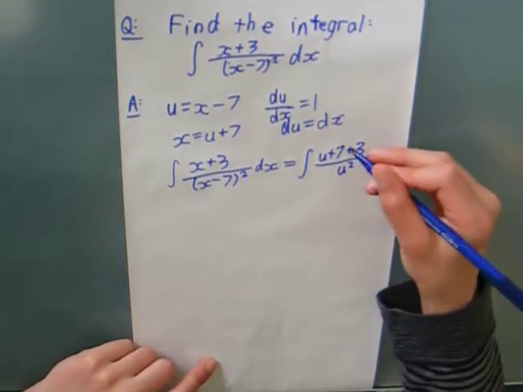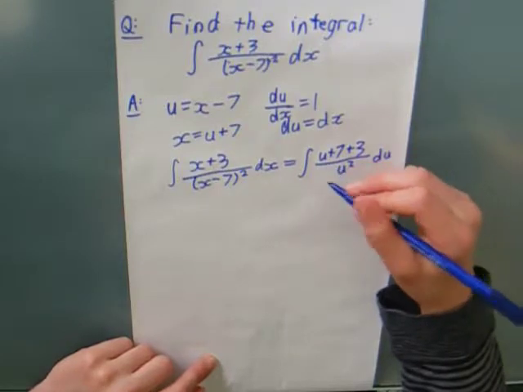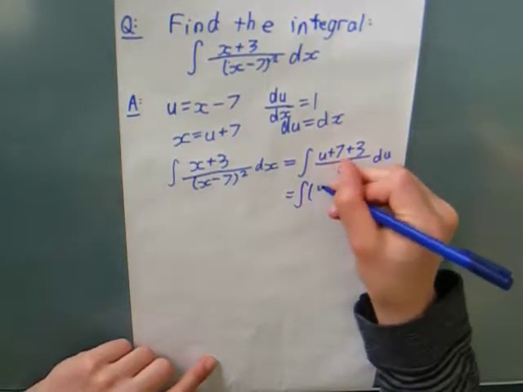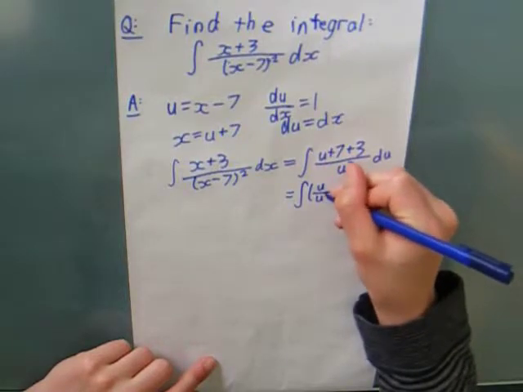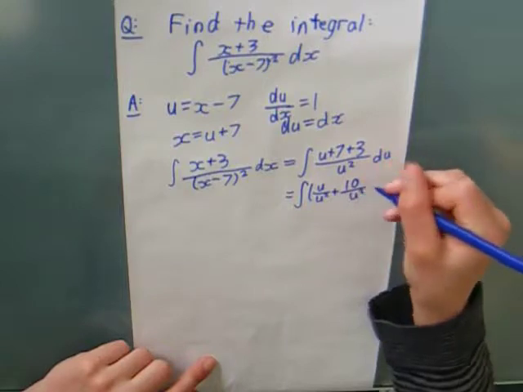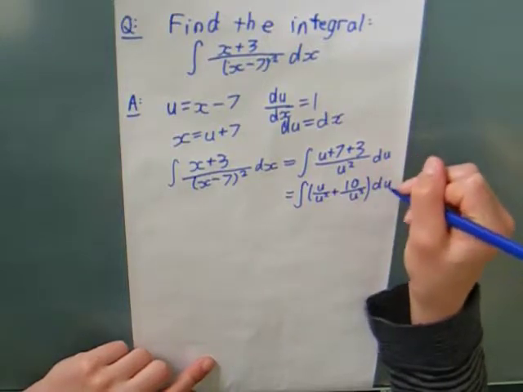Right, so this is a plus 10, and now let's split the fraction. So this is equal to the integral of u over u squared plus 10 over u squared du.